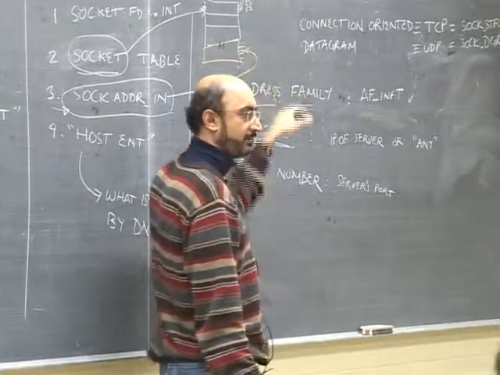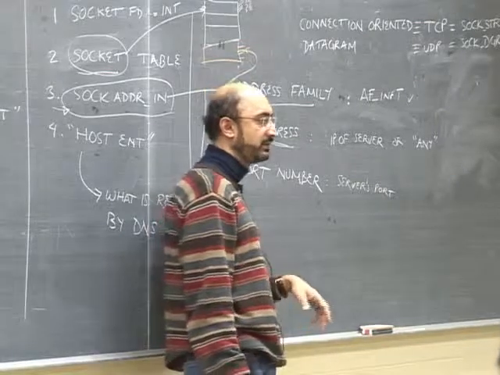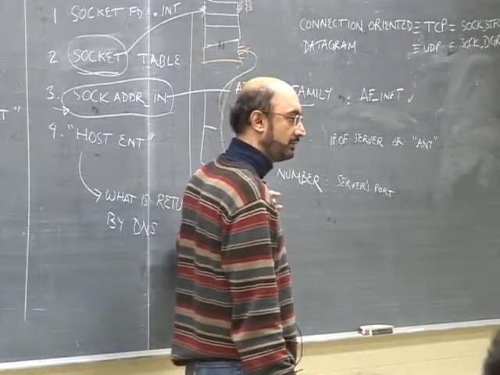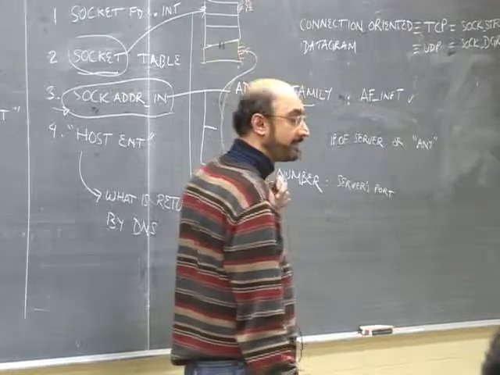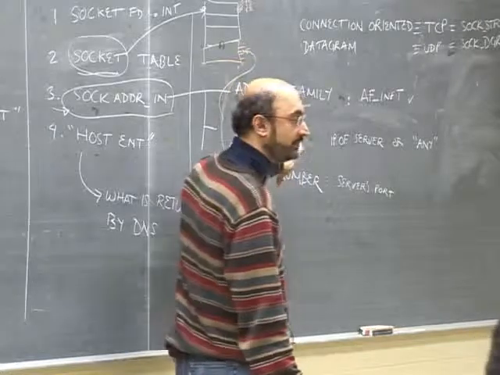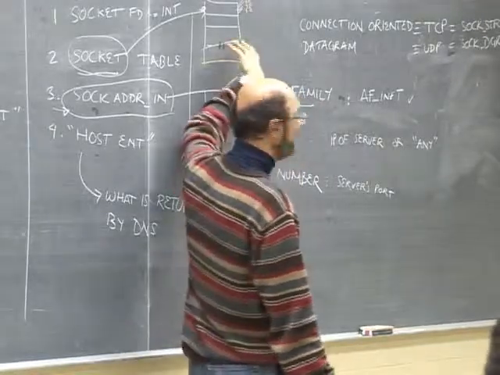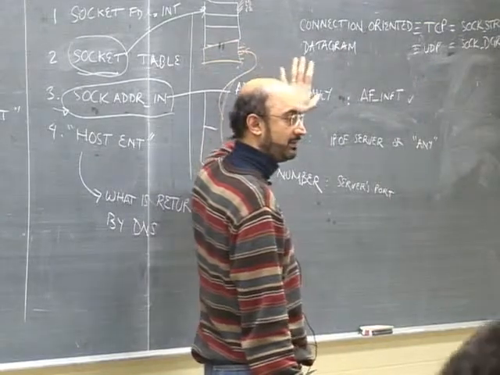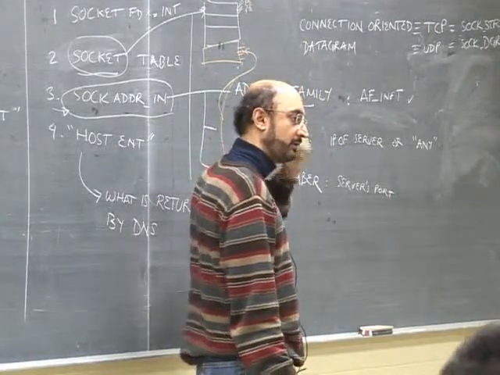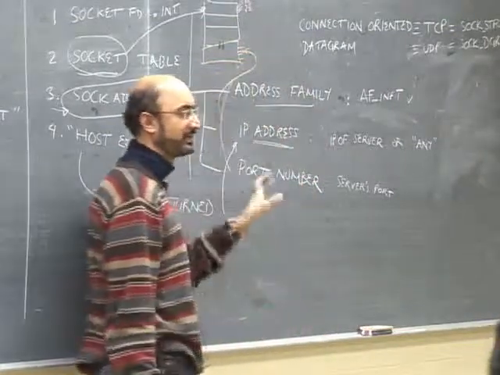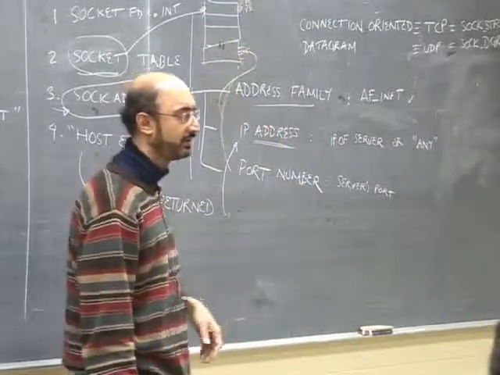So we're taking the data over here and basically copying it into the sockfd table, the socket table. Yeah, but we never use it again. At this point, you may as well get rid of it. We're just going to set it up, put it in there, and then it's gone. We never use it again.